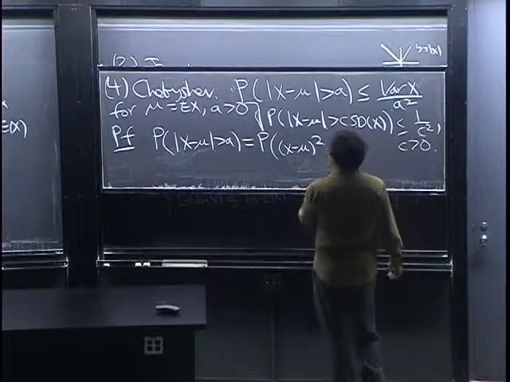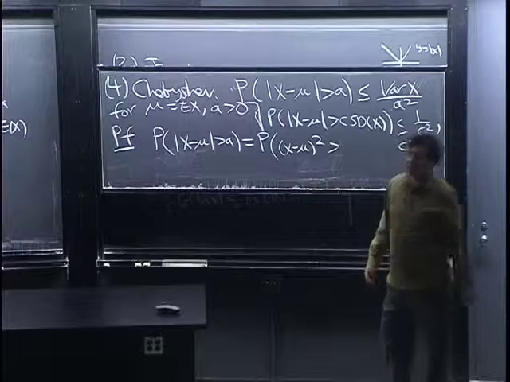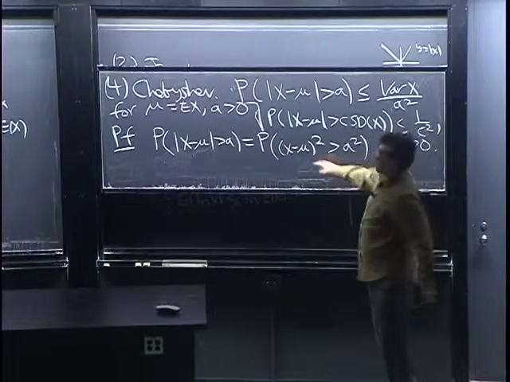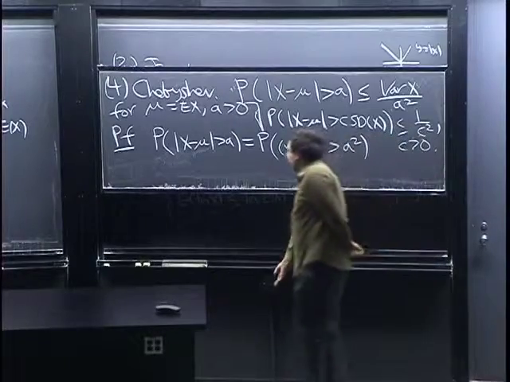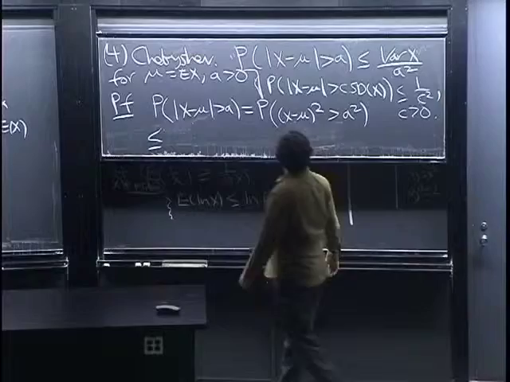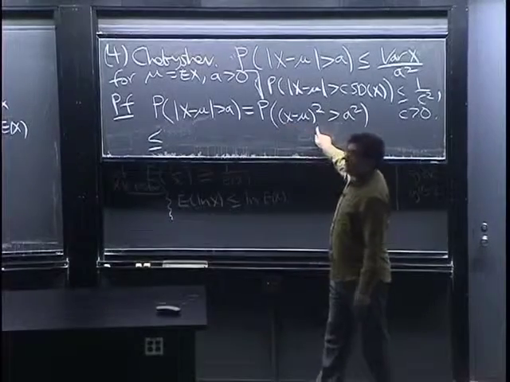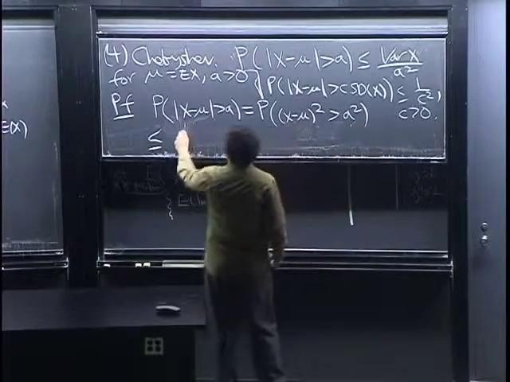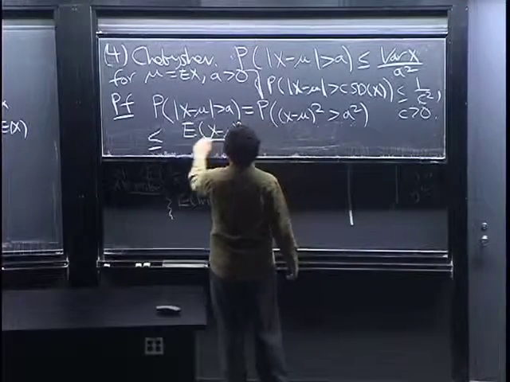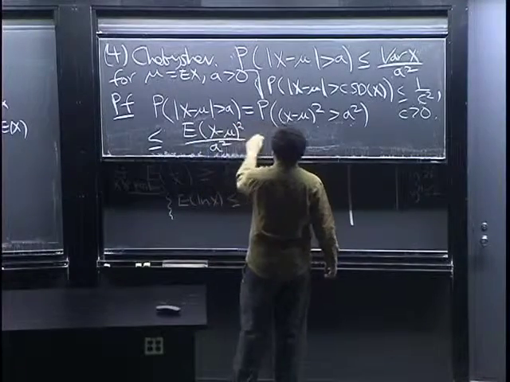So that's squared, and we can drop the absolute value because we squared it, greater than a squared. Now let's use Markov's inequality on this term. By Markov's inequality, this is less than or equal to the expected value of this divided by this, which is E of (X minus mu) squared divided by a squared.